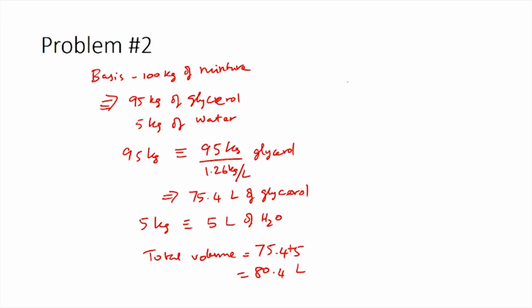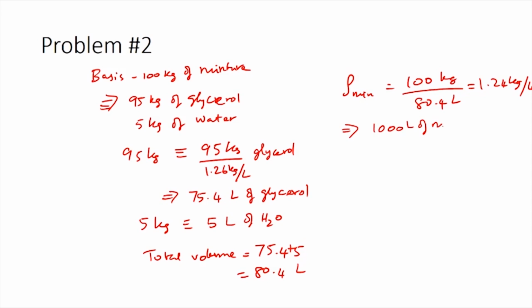From here we can calculate the density of the mixture as mass of the mixture, which is 100 kilograms, divided by volume of the mixture, which is 80.4 liters, giving us the density as 1.24 kilograms per liter. This implies that 1000 liters of mixture which is fed would actually weigh 1000 times 1.24, which is equal to 1240 kilograms of mixture.